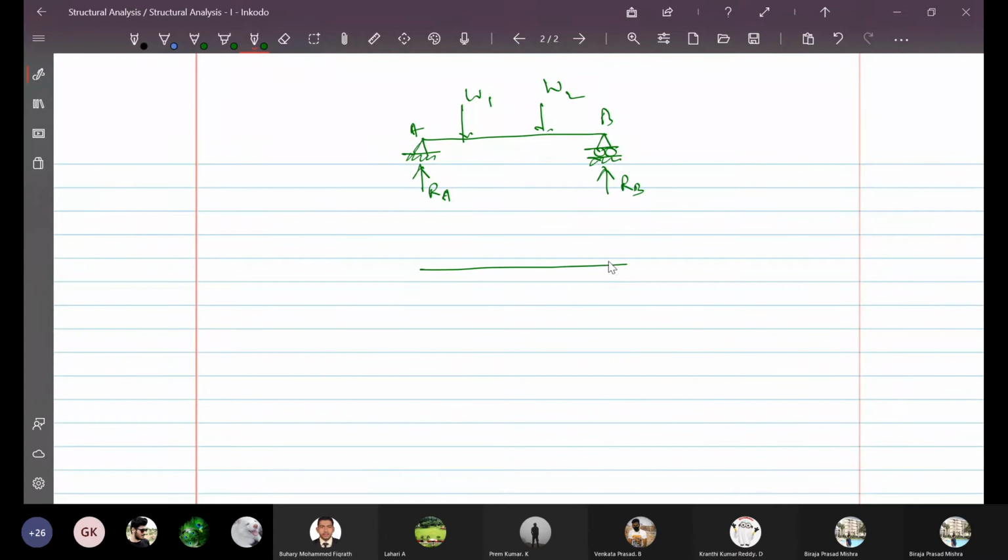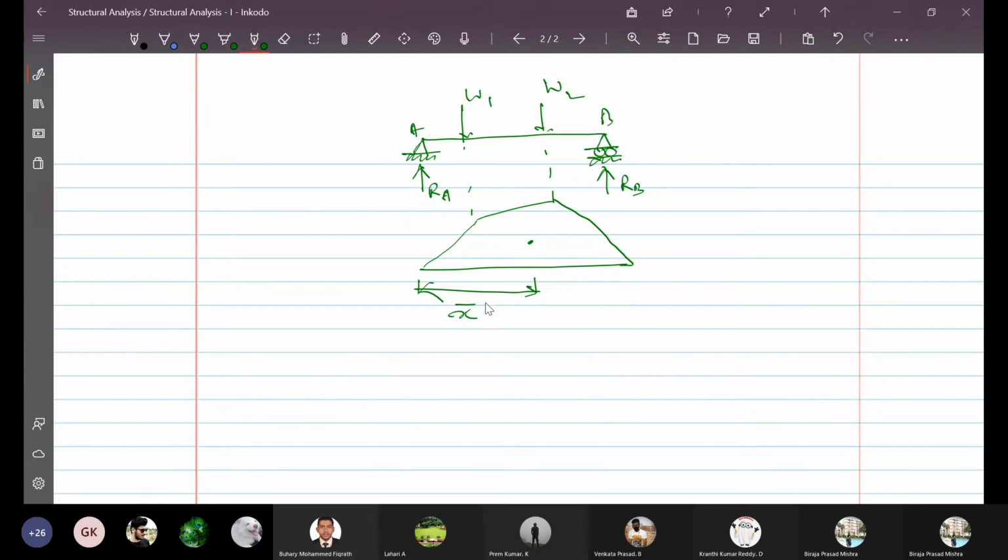And the free bending moment diagram was, for example, let's say this is the CG of the free bending moment diagram.